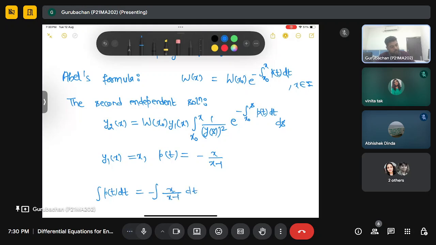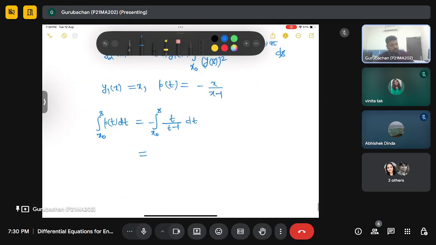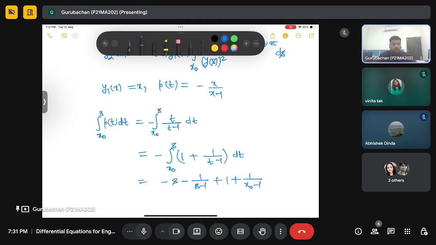If you add and subtract 1 in the numerator, the first factor will be 1, and the second factor will be minus (s minus 1) by (s minus 1), so this will give you the integral of x naught to s of 1 minus 1 by (s minus 1), plus x naught.